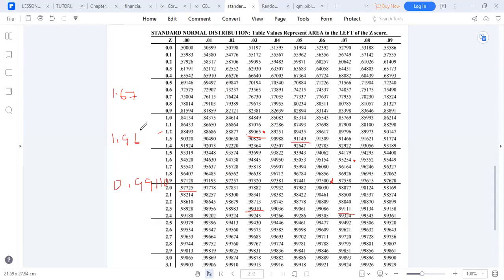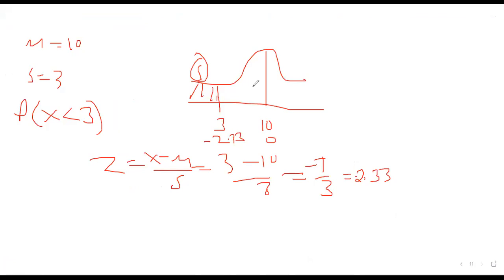Please help me find the reading. 2.33. Two point what? 2.33. 0.99010. So it means from here to here, the big area is 0.99010.